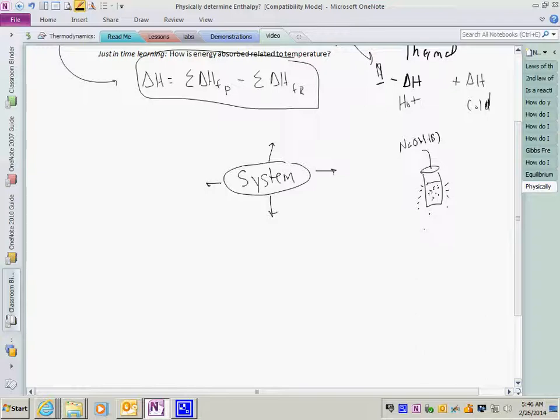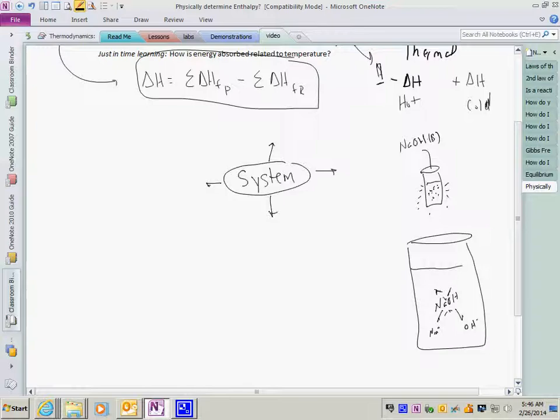And it eventually gives it off to the surroundings. If I were to blow this up into a bigger picture, you would see the NaOH, as it dissolves, breaks into Na plus ions and OH negative ions, and as this thing breaks, it radiates energy to the surroundings, and the water picks up that energy.